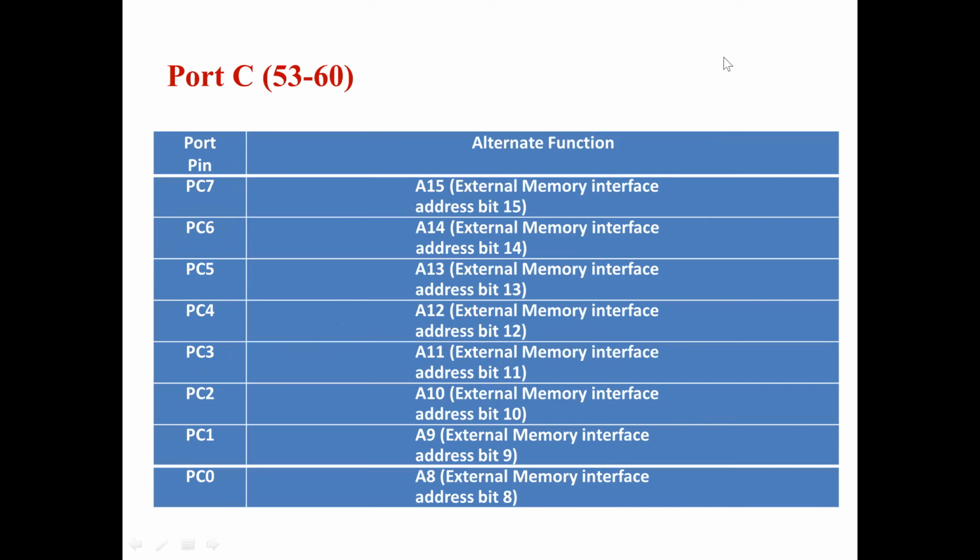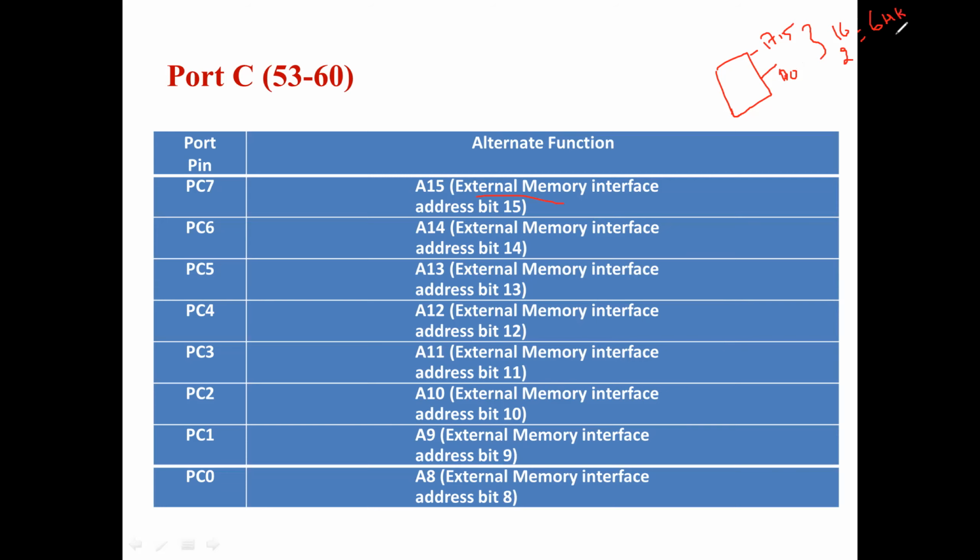And we have port C. Similarly, since there is external memory in the 2560 controller, we have the address lines starting from A0 to A15. So totally we have 16 pins, so 2 to the power of 16 equals 64K.